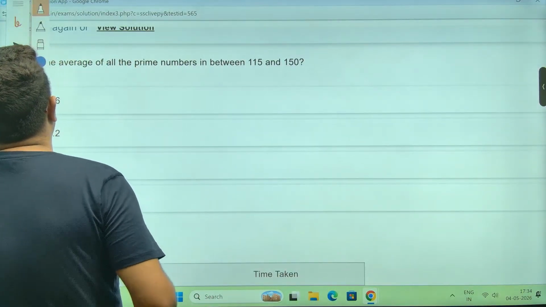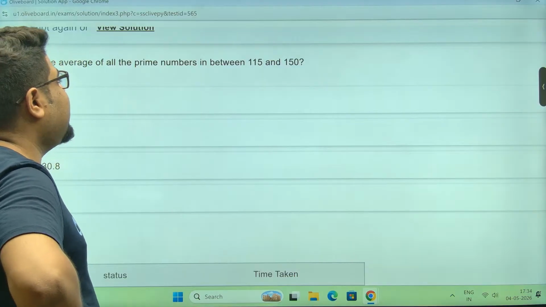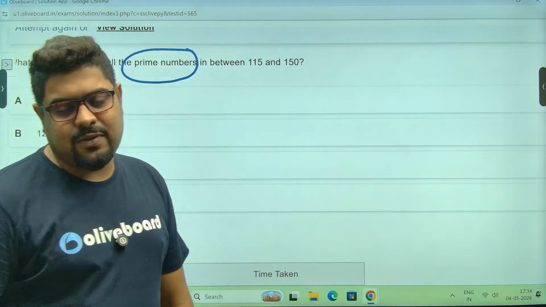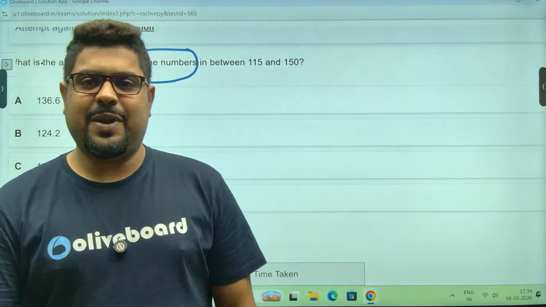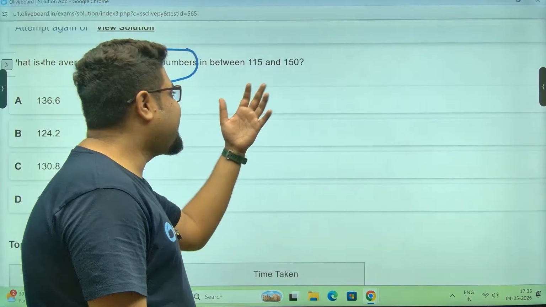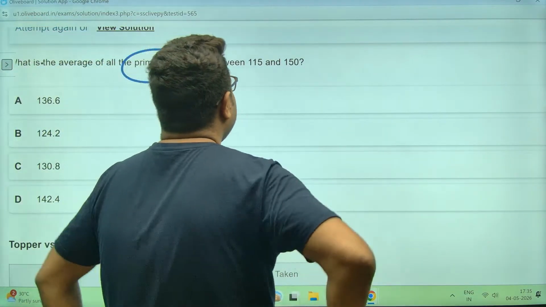What is this question? This question is about prime numbers. There is nothing you can do except do it manually. Prime numbers have never given us any shortcut.